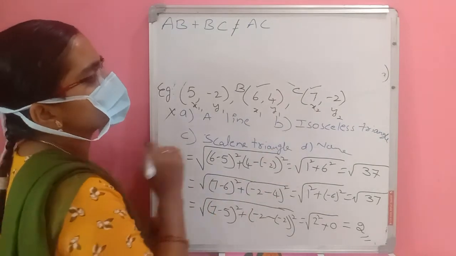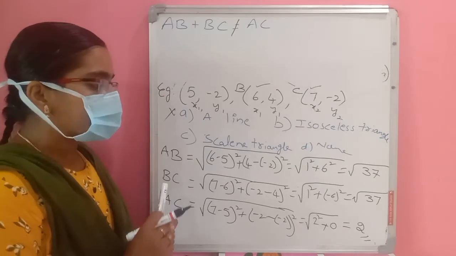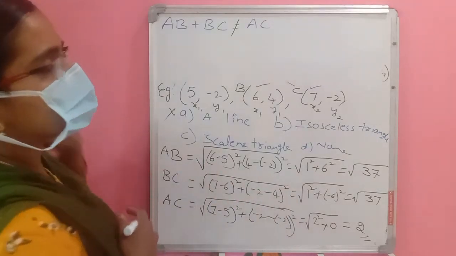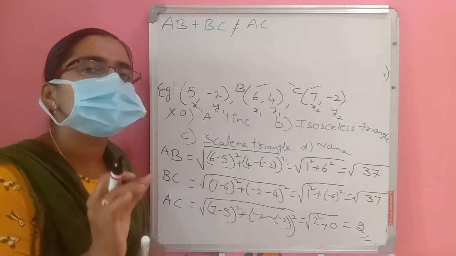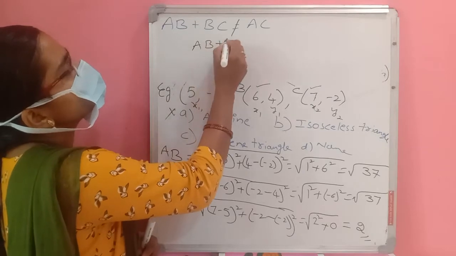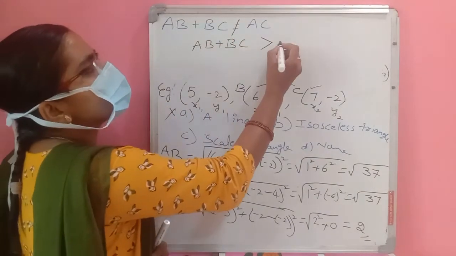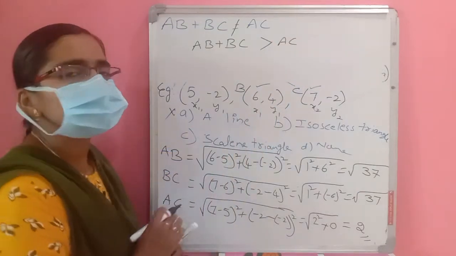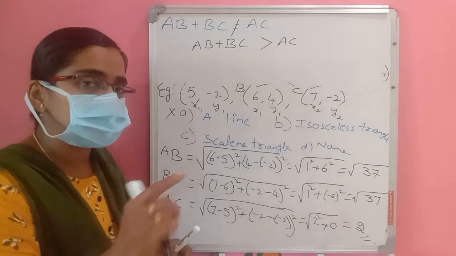So isosceles triangle. Are these points on a triangle? First we have to know, triangle or not. So in a triangle, sum of any two sides always should be greater than third side. Any sum of any two sides in a triangle, we learned this. So square root 37 plus square root 37, we get 12 point something.